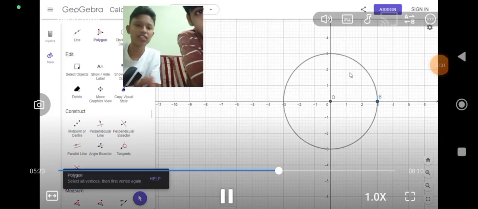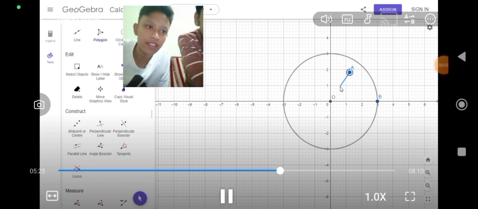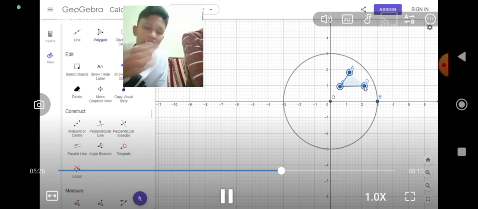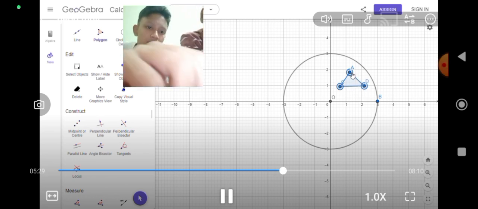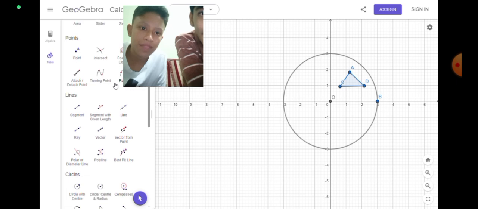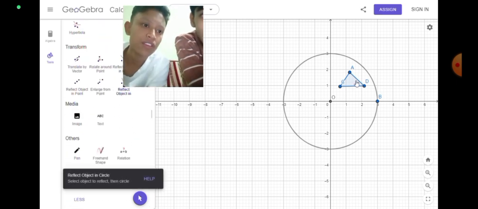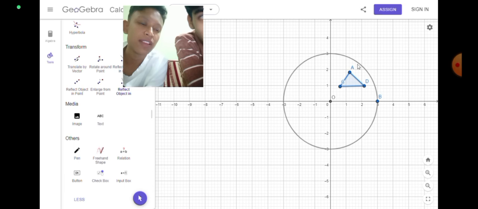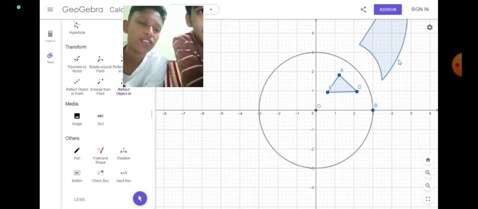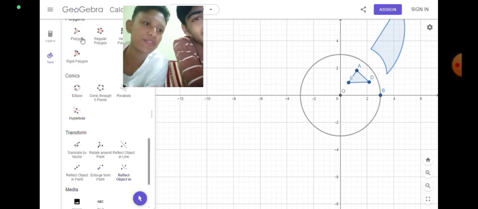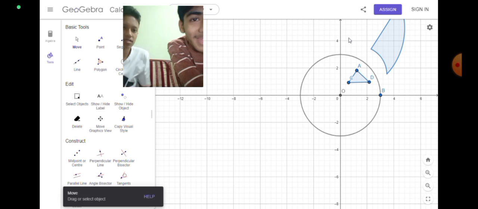So for now, let's take the object as a triangle. So we take a triangle. We need to select it. After selecting, we need to reflect the triangle. So we select the triangle and the circle. A rocket-like image is formed.